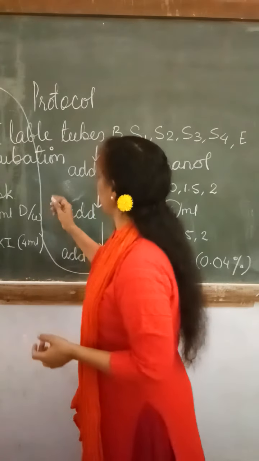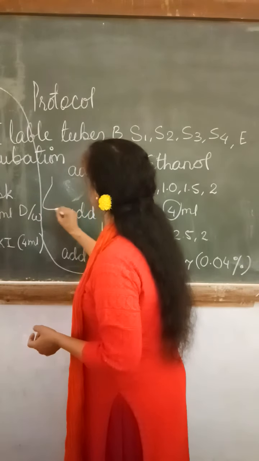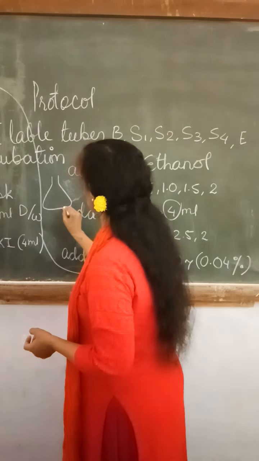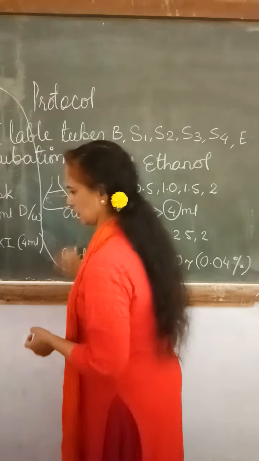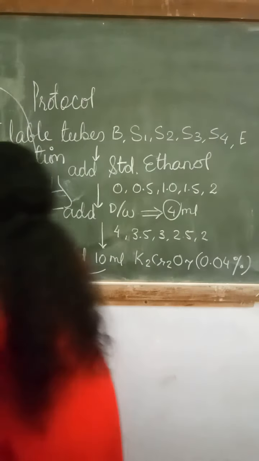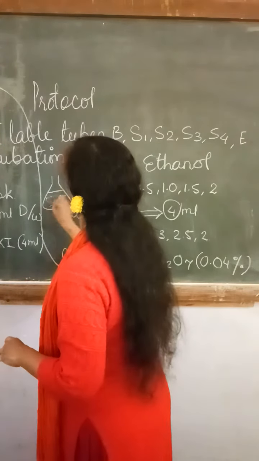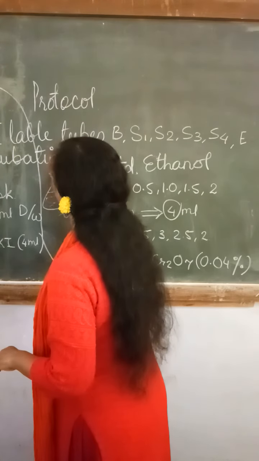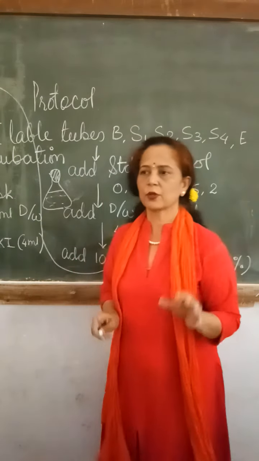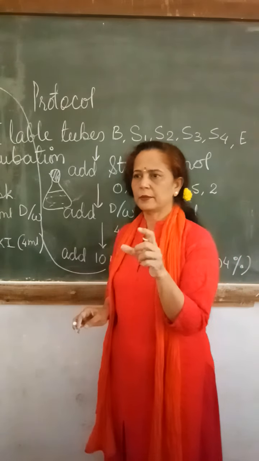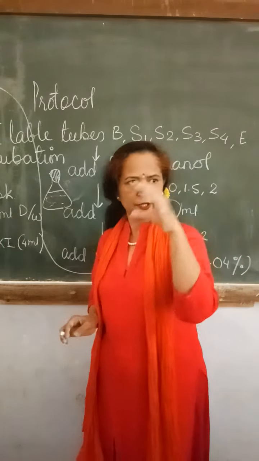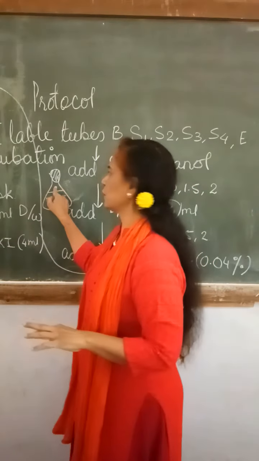So these flasks are to be plugged tightly with a rubber cork or any cork. There should be some lid or cork which will close the mouth of the flask.